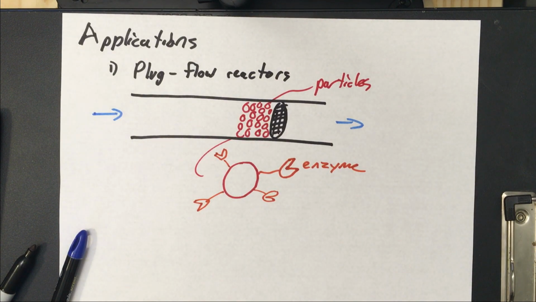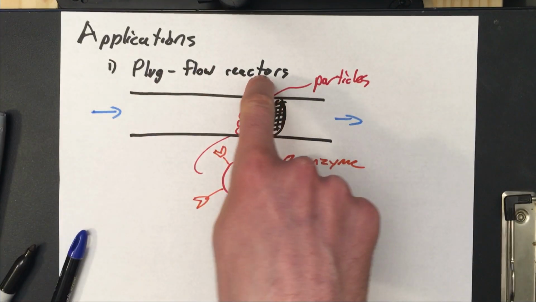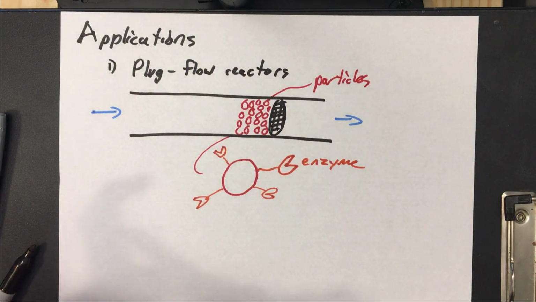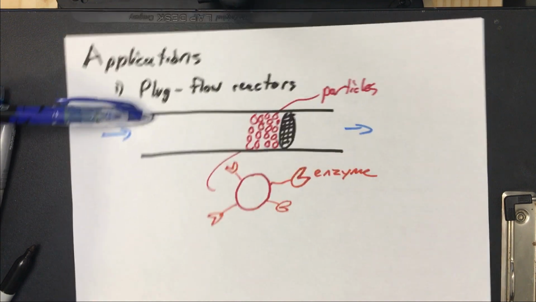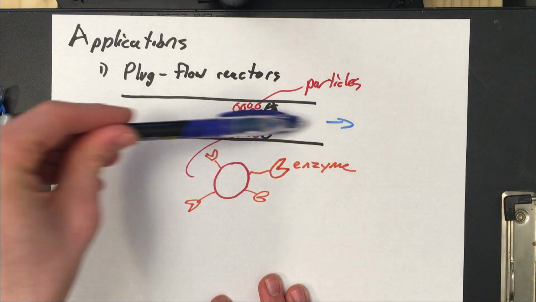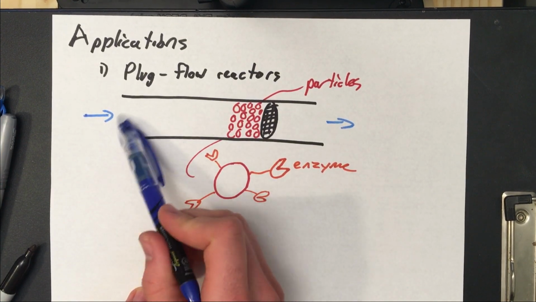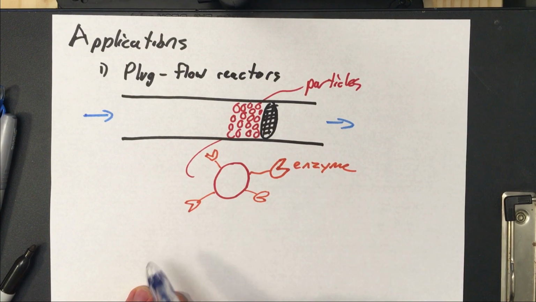So what's the benefit of attaching a whole bunch of enzymes to these particles? Well, these plug flow reactors are basically to have some type of reactant or multiple reactants come in, have them undergo some chemical reaction, and then have them come out. And oftentimes in chemical engineering, whatever chemical reactions we have need to be facilitated via enzymes, right?